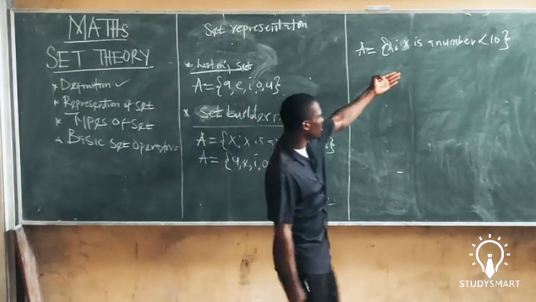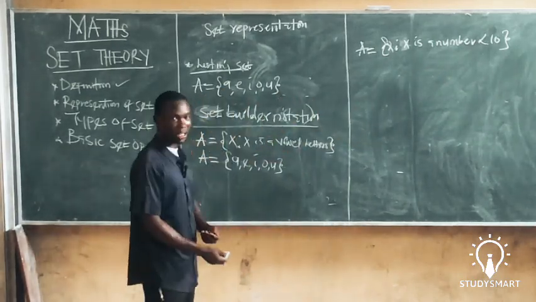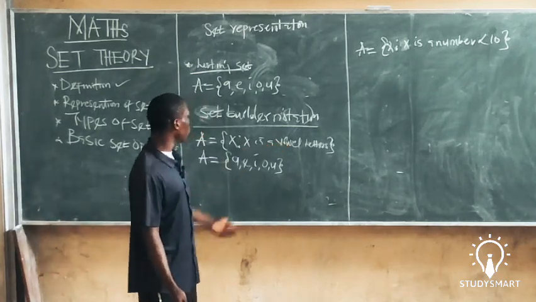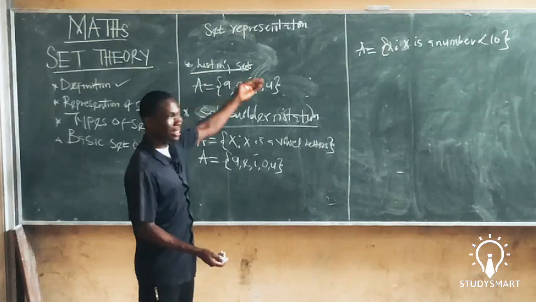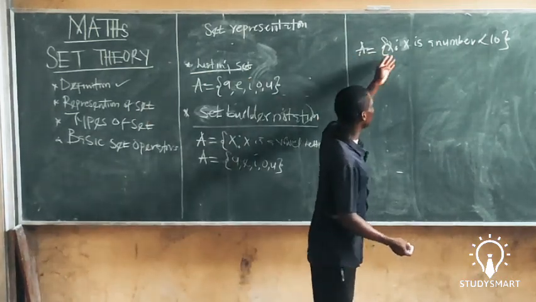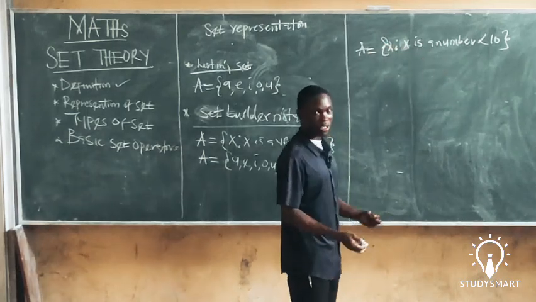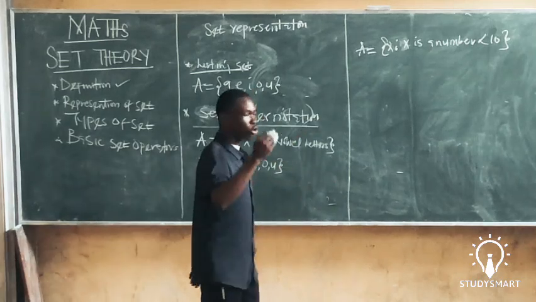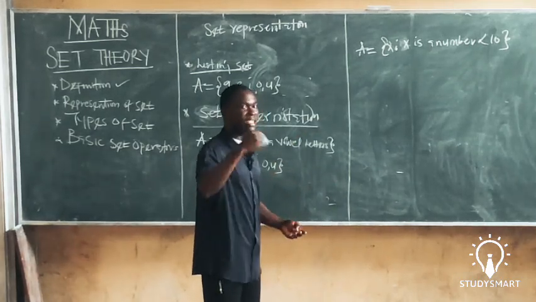Sometimes you can get a question whereby you'll be given the question in the set builder notation form, and you'll be asked to represent it by listing the set. So for example, this is what we have. A is a set of x such that x is a number less than 10, which means that I have 1, 2 to 9, but those numbers I'm going to be listing should be less than 10. It is not 10, but less than 10.